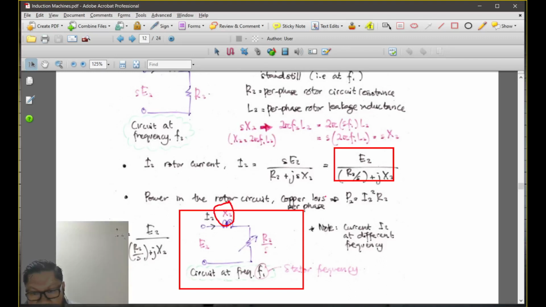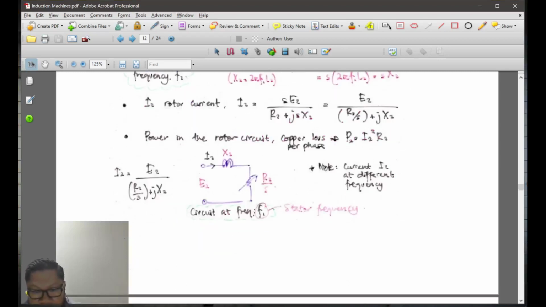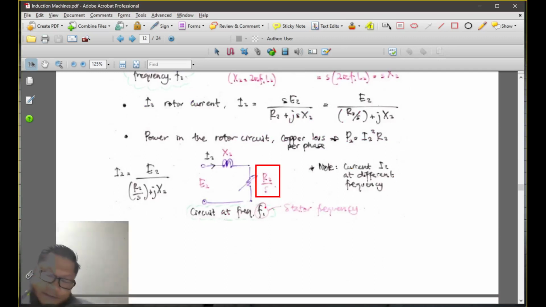Remember, X2 is 2 pi F1 L2. So now everything works at the frequency F1, and that's why you have the term R2 over S.